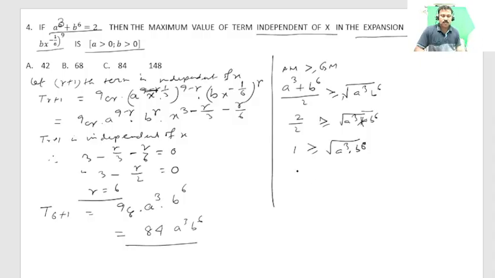So here we get square root of a cube b to the power 6 less or equals to 1. This is, that is a cube b to the power 6 less or equals to 1.